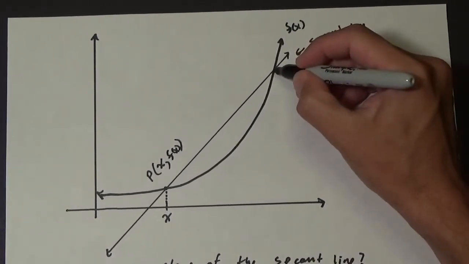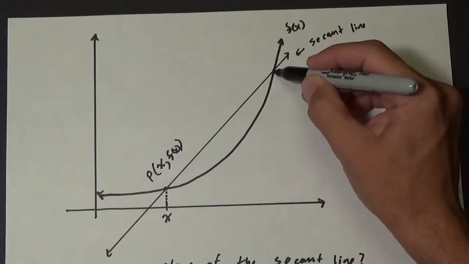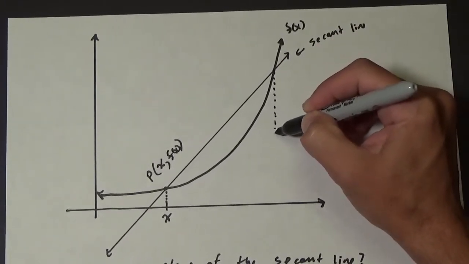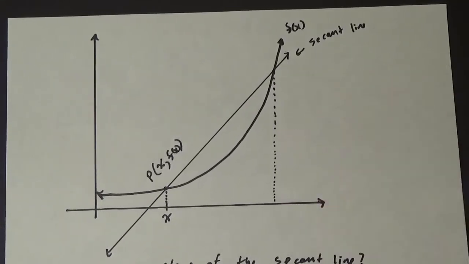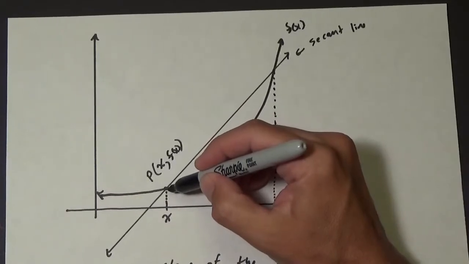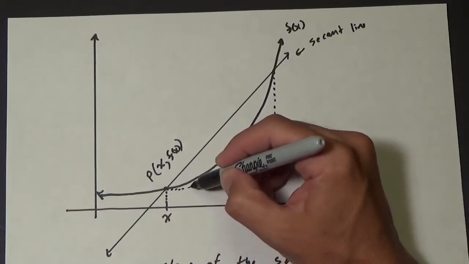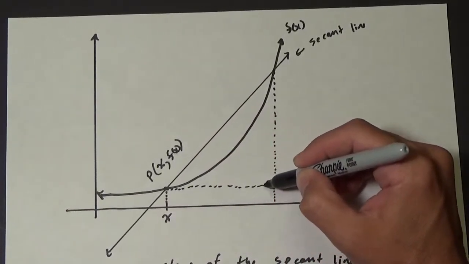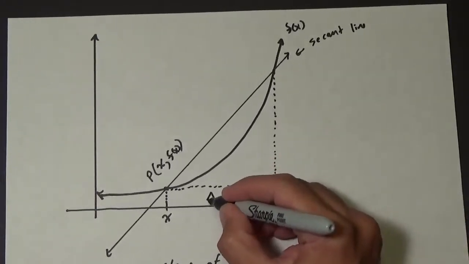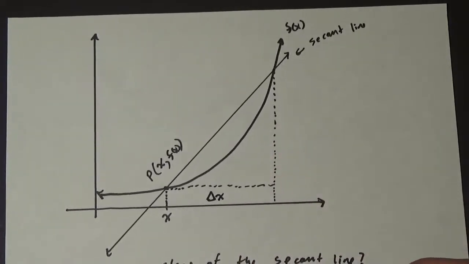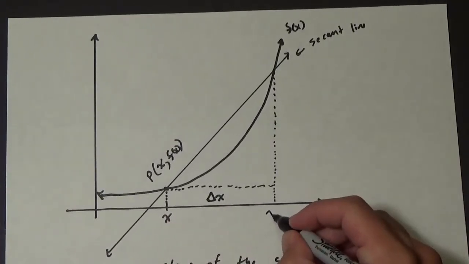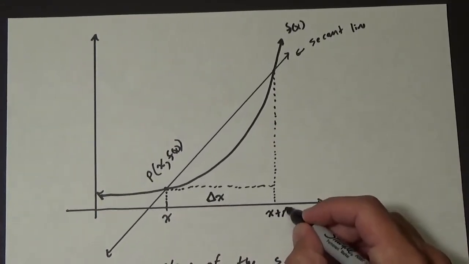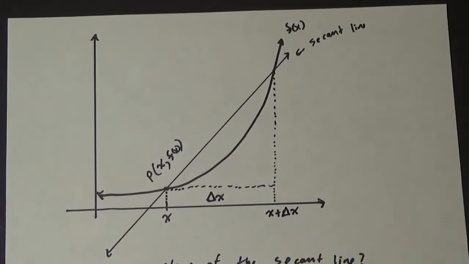Now we want this point here. So to get this point, we're not just going to call it y or b or something. We're actually going to get a distance here, and this distance from here to here is going to be delta x. So that means this point here is x plus delta x.